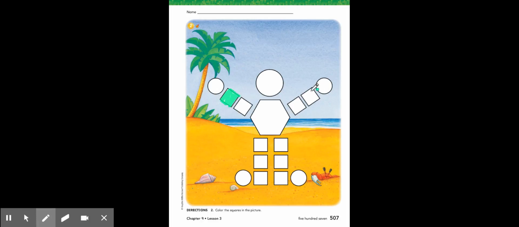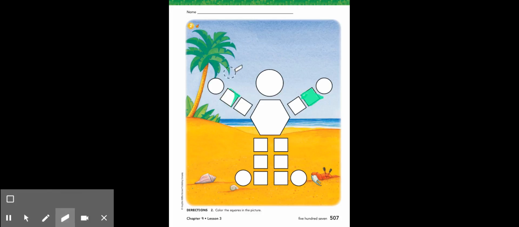And I see another one on this arm. All right. I'm going to challenge you to find all of the squares on Shape Man here. And as a bonus, once you find them all, you can count the total and write the number on your page. Awesome job.